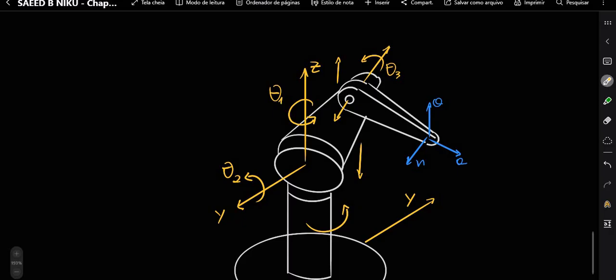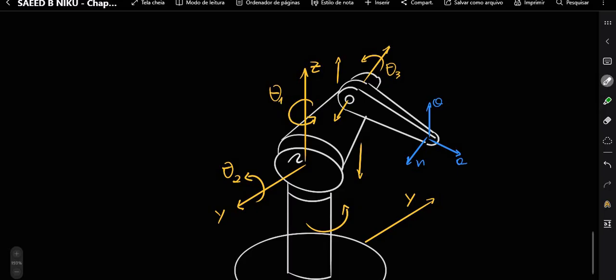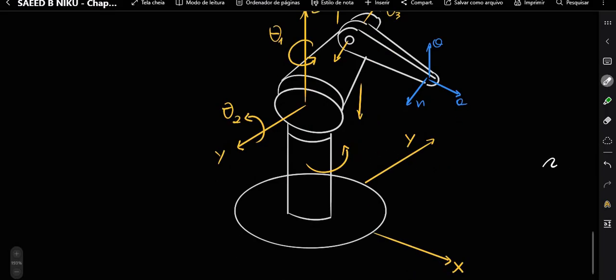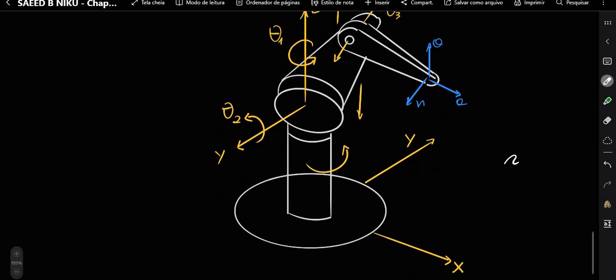On the book, no transformation is represented, but at this point, as I keep saying, we are able to write transformations because we take a reference frame and we do a transformation based on other reference frames.